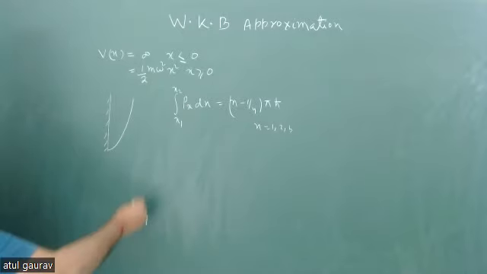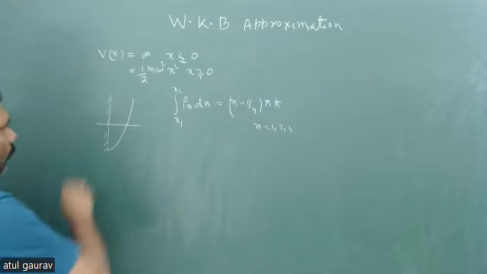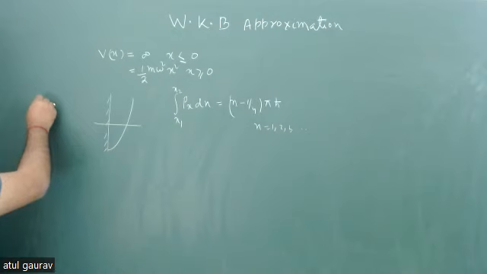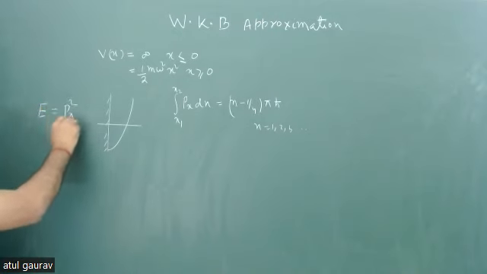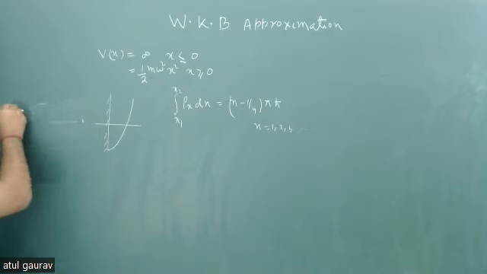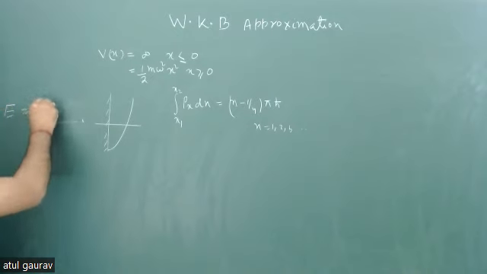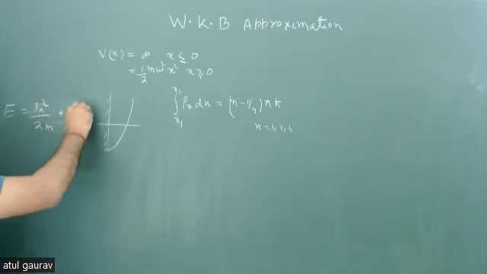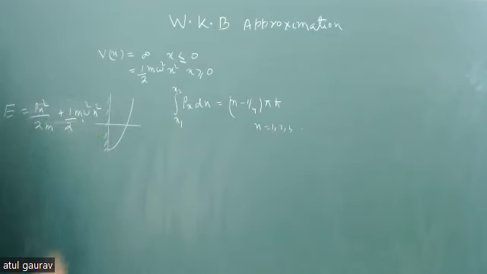Suppose I am talking about this particular value of energy. This energy can be written as E is equal to p_x square upon 2m plus half m omega square x square.